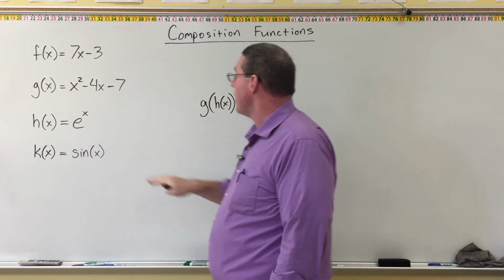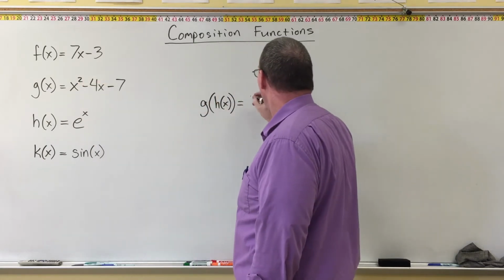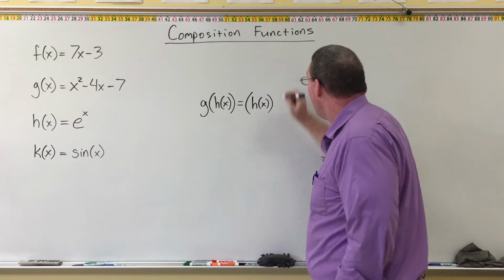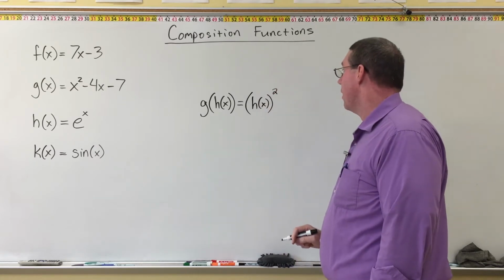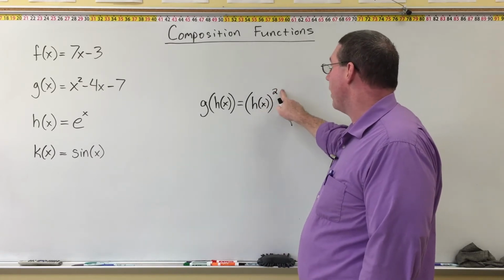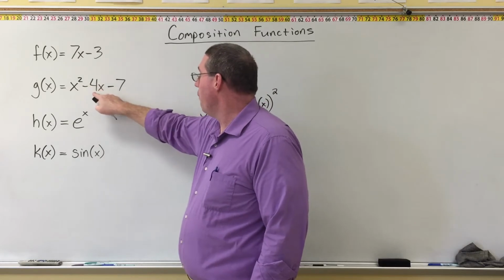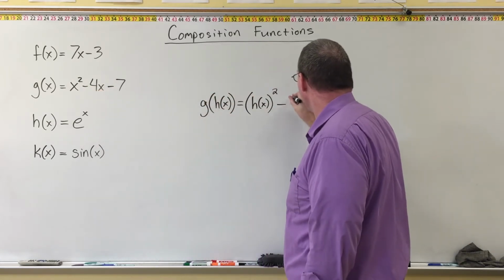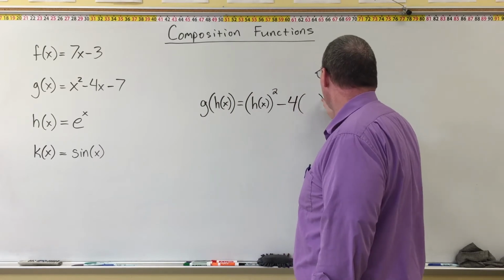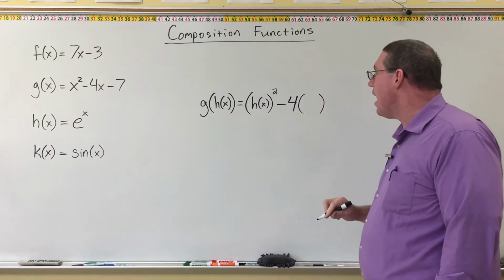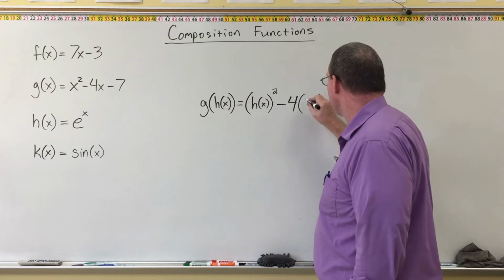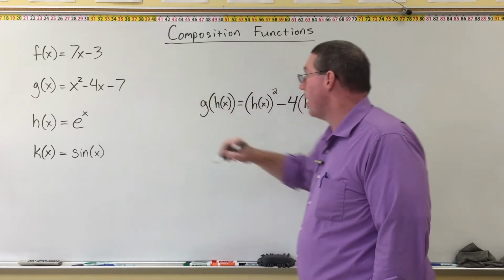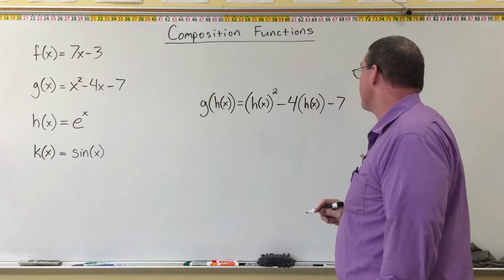And so instead of writing x squared, we're going to write in parentheses h of x, and then we're going to square it. Okay, so we have h of x squared minus 4, and in place of the x, we're going to put h of x. All right, and then minus 7. There's no x's there, so we just put it as minus 7.